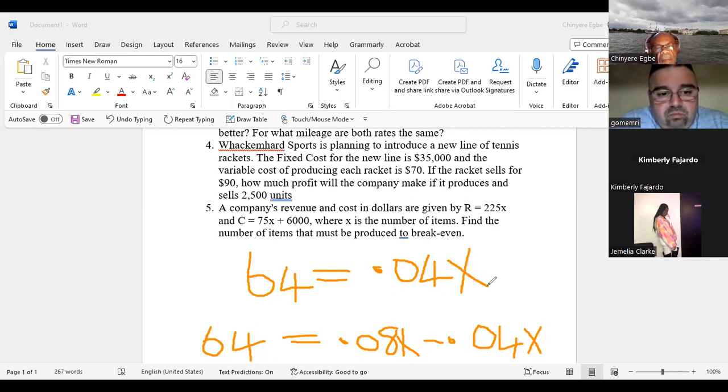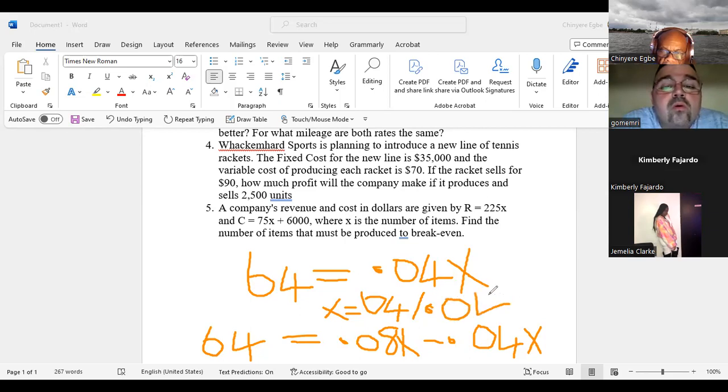So now we solve for x. So x will be 64 divided by 0.04. All right. So if you divide 64 by 0.04, what do you get? Use your calculator.